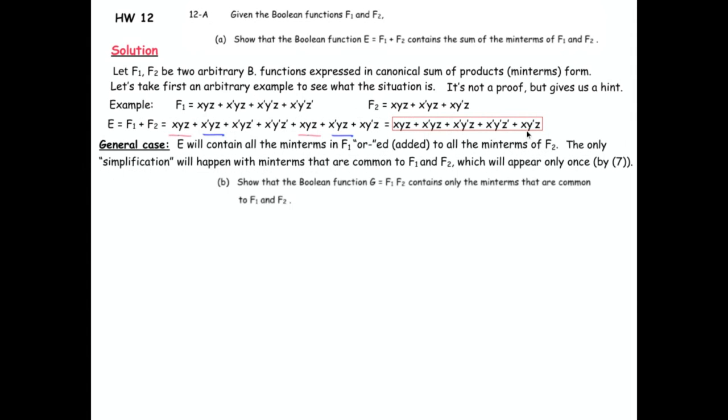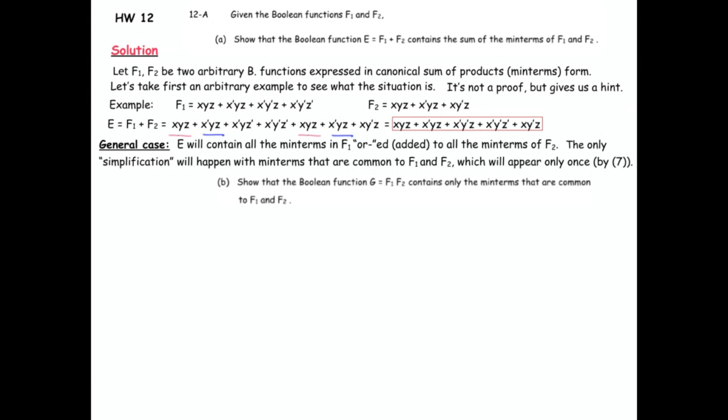You could simplify this perhaps a lot, but then you will depart from the canonical form. You will not have minterms anymore. And that can be okay, but the only simplification that can happen with minterms is for those common to F1 and F2, which will appear, will make them appear once, right? So that's the simplification that we did there.